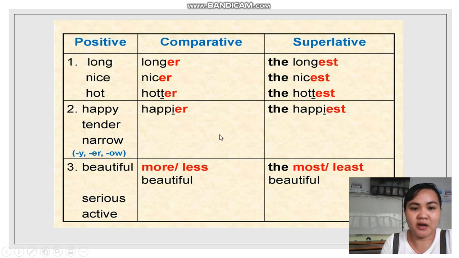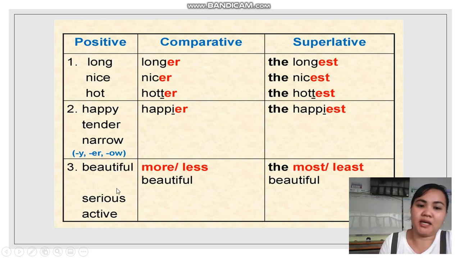Next, if the last letter is y, we're just going to omit the y and then add ier. And for the superlative, we're going to add iest to represent the degree of comparison. The same with tender and narrow. We can say narrower, and for the superlative, narrowest.